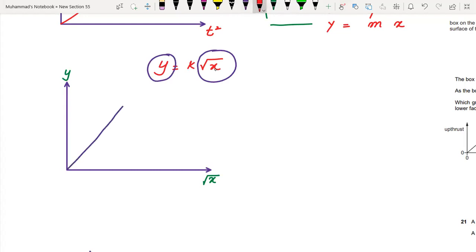And what would be the gradient? You can easily identify it by comparing this with the equation of a straight line. The gradient in this case will be the constant k. Okay.